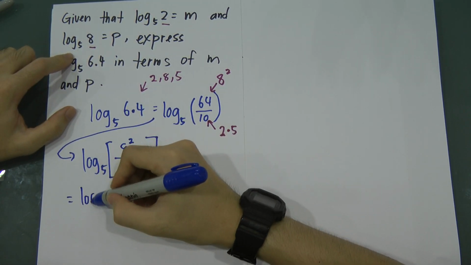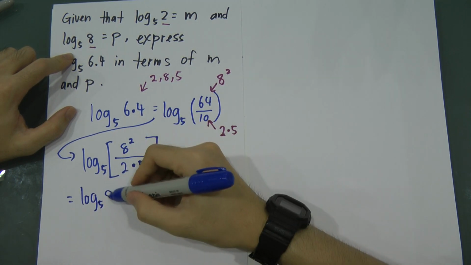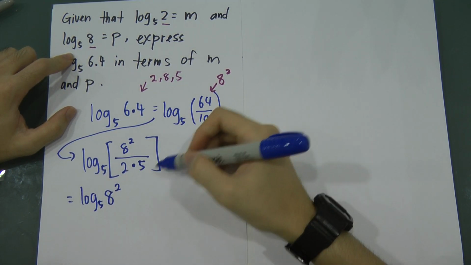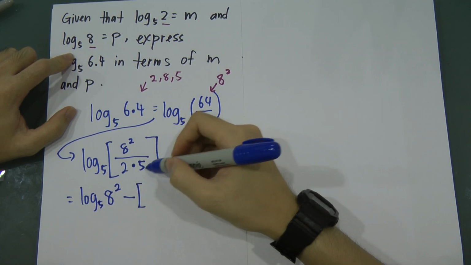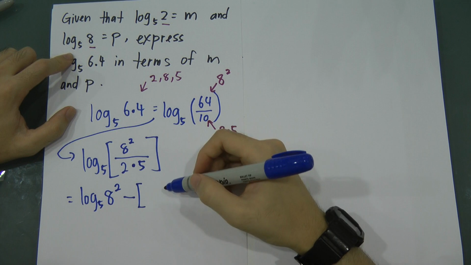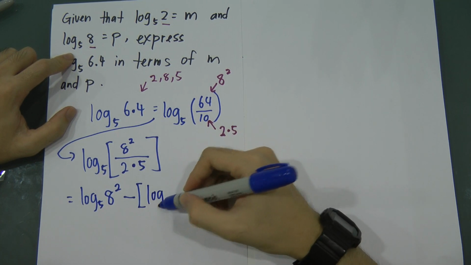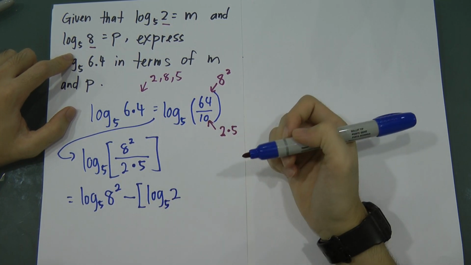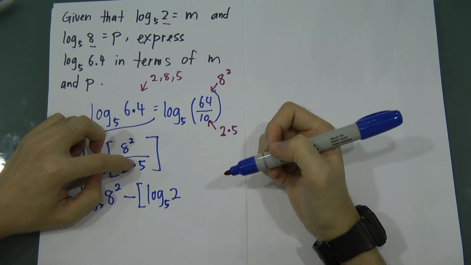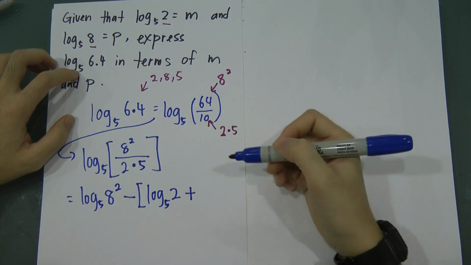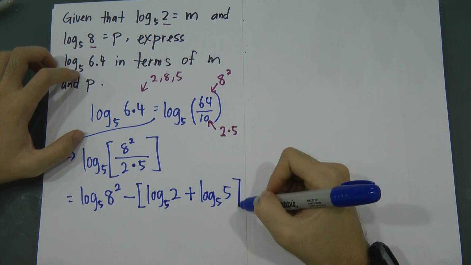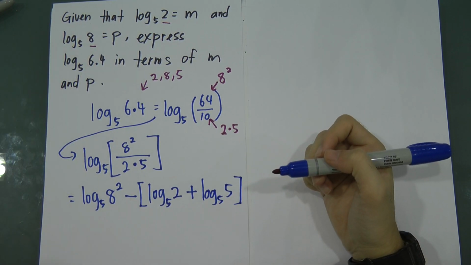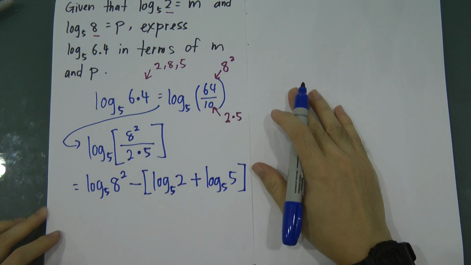So I write log base 5, the first one is 8 squared. Divide means minus. Then I put a bracket because at the bottom I have 2 terms, 2 and 5. So this is log base 5 of 2. Multiply means plus, right? Plus log base 5 of 5. If you can understand this one, it will be very easy to solve.